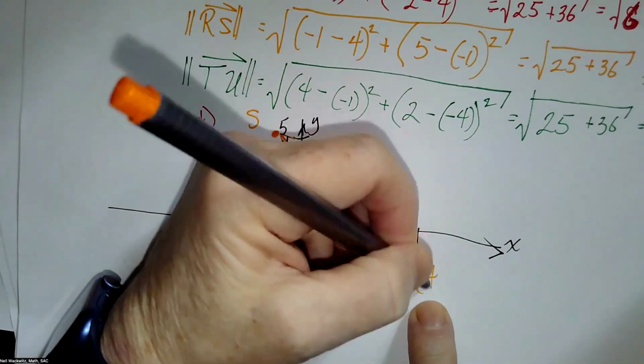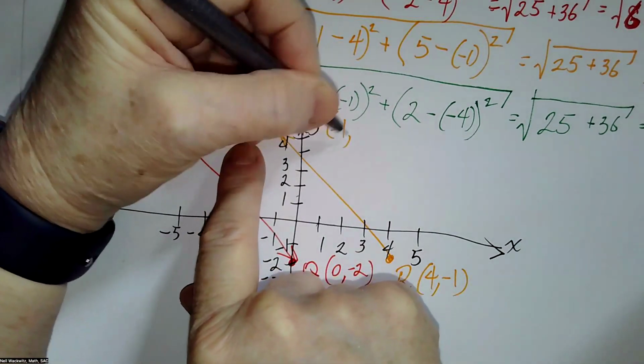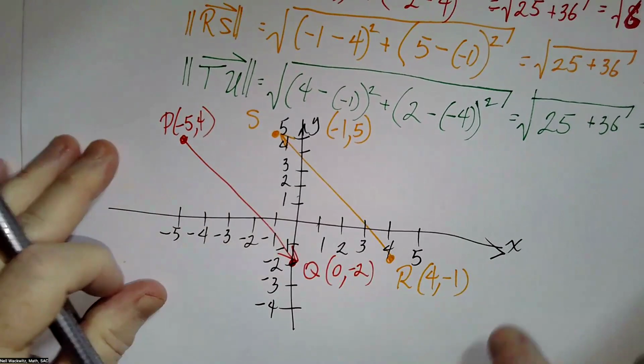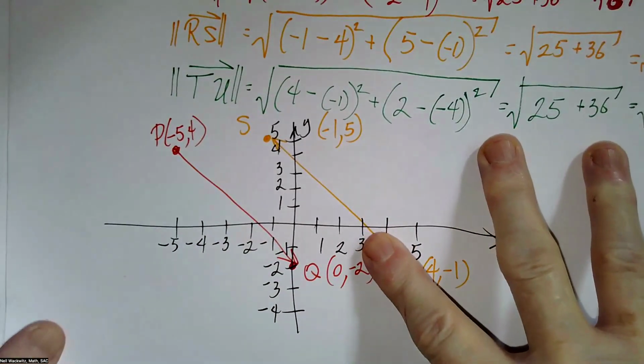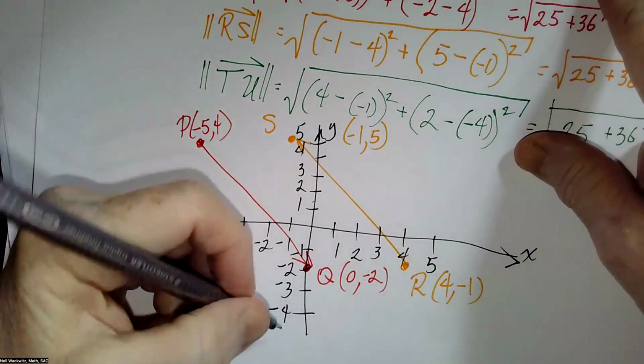This is 4, -1. S is -1, 5. And finally, we're going to sketch TU. T starts at -1, -4.